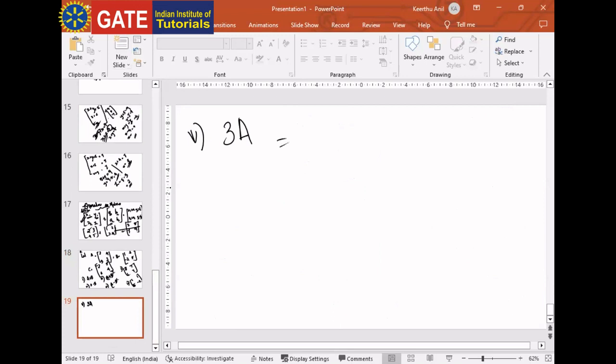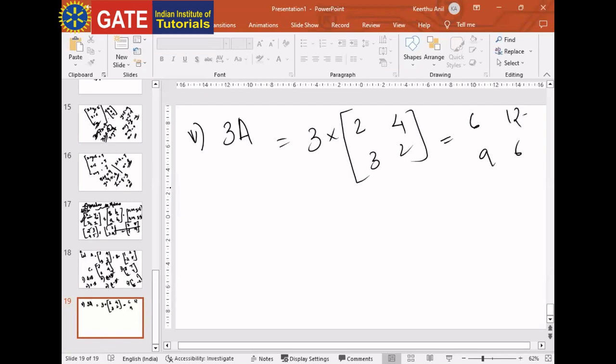So 3 into A means 3 into, what is the matrix A? Matrix A, 2, 4, 3, 2. So you have to multiply each element, right? So it will be how much? 6, 12, 9, 6. So this will be a matrix. Understood?